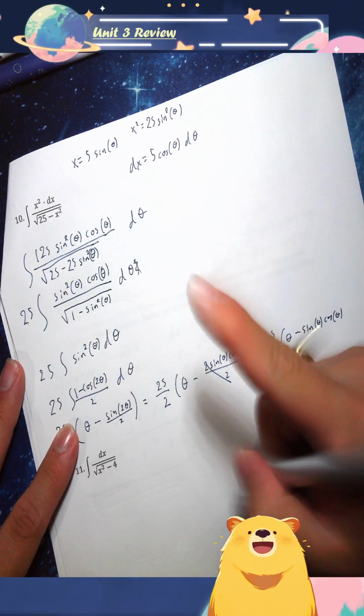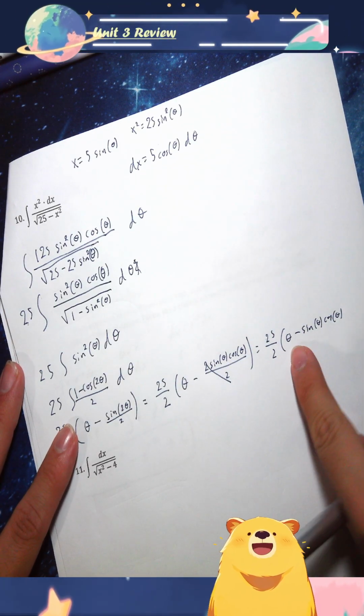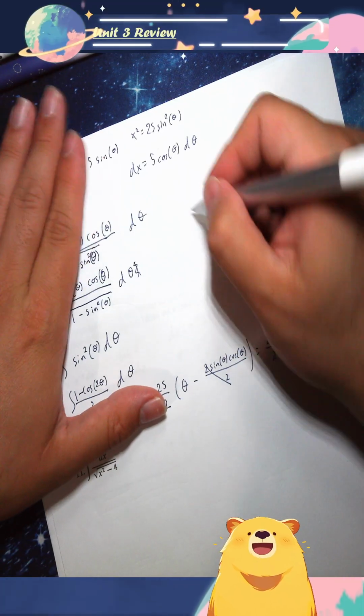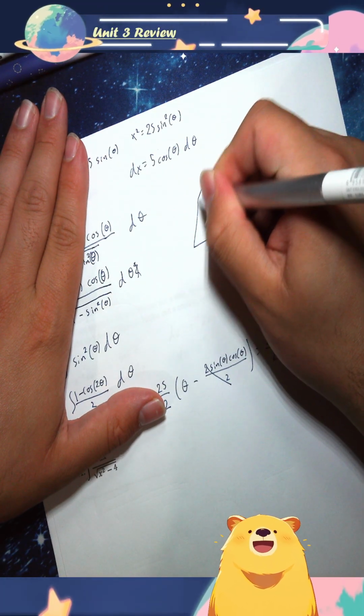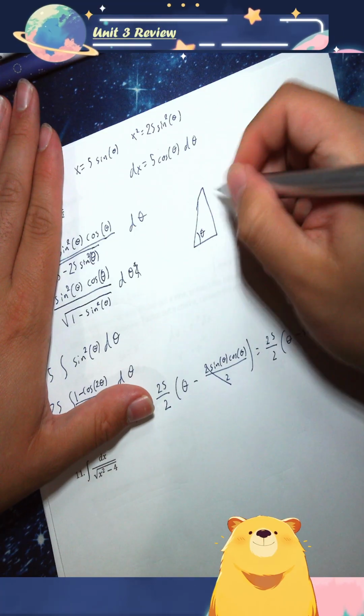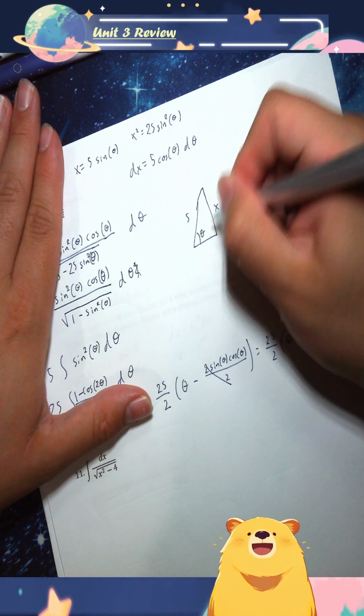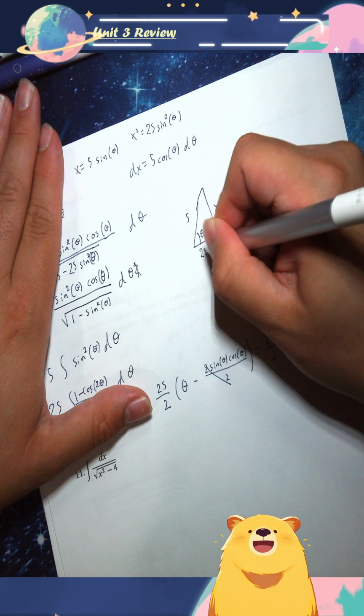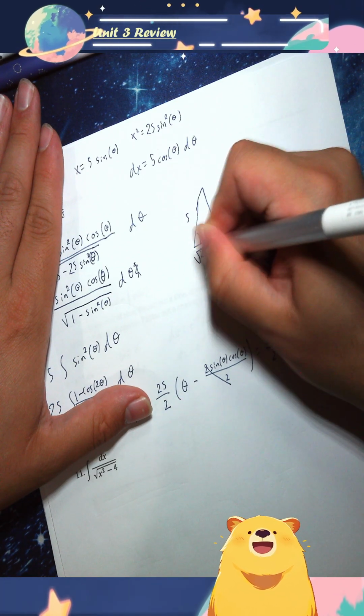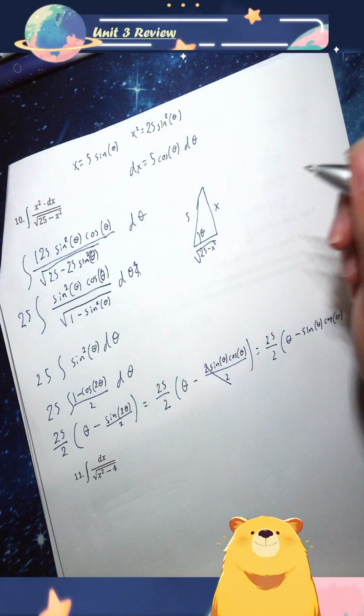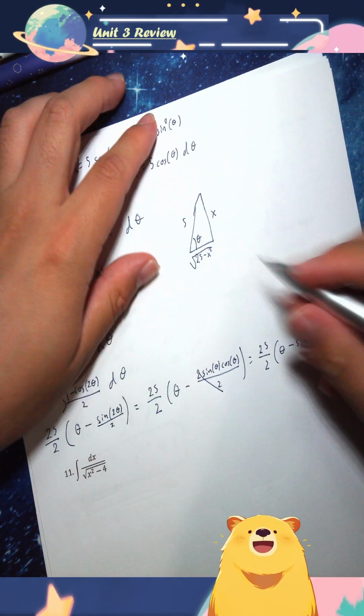So we have sine of theta, and we have theta technically, but we don't have cosine of theta, so we have to do that reference triangle. There's no way around it. So it's opposite over hypotenuse. This is going to be 25 minus x squared, square rooted. And we have the final answer now.